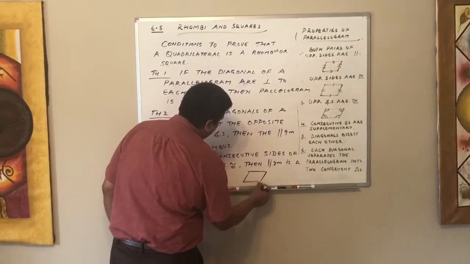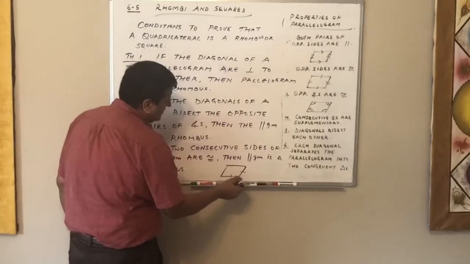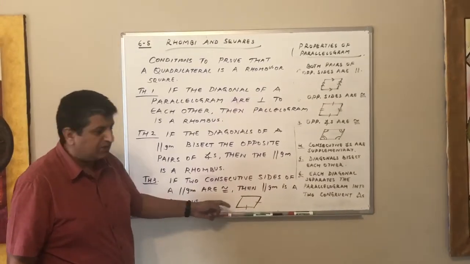Because in a parallelogram, the opposite sides are congruent. So if two consecutive sides are congruent, that means all four sides are congruent. Therefore, it makes it a rhombus.